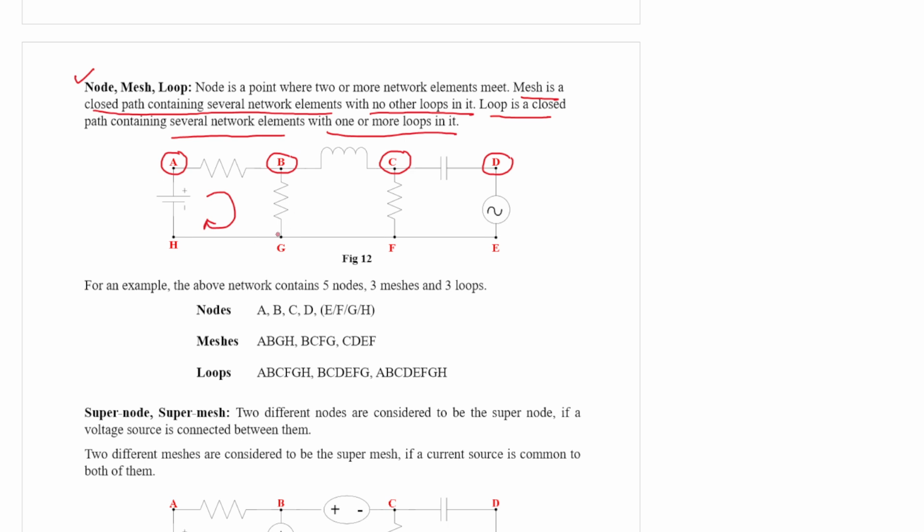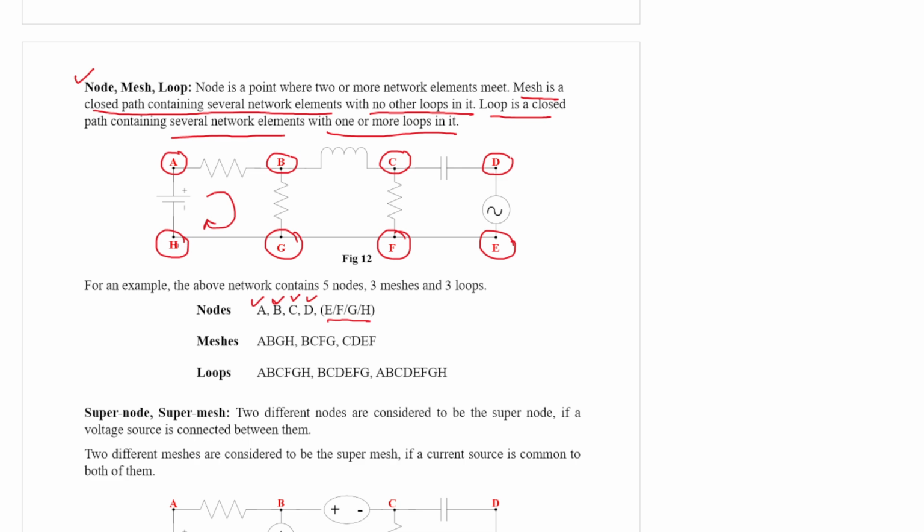So if you consider this example, figure 12, A, B, C, D all are nodes. However, H, G, F, E are all the same node. They are not separate nodes. That is why I have written E oblique F oblique G oblique H. Why?